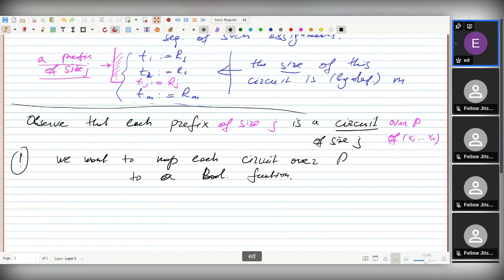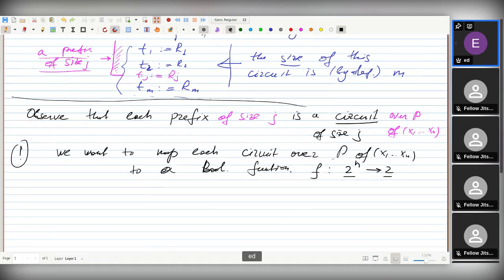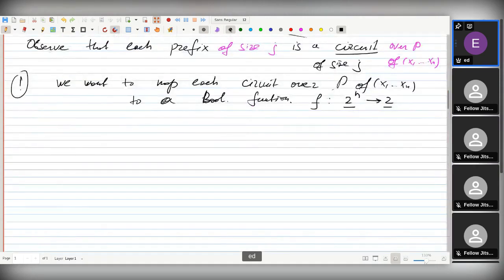It is not necessary that each variable is used. We want to map every circuit over p of x1, xn to a Boolean function of how many arguments? Is it clear to you? And exactly, we have as many arguments as we have fixed inputs. Okay, let us do it.